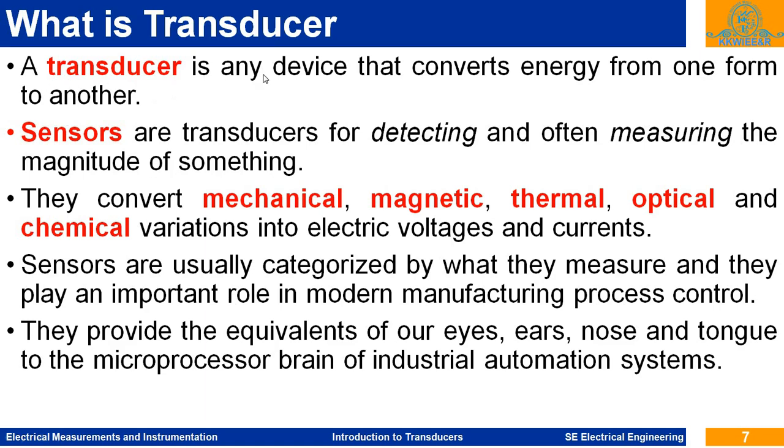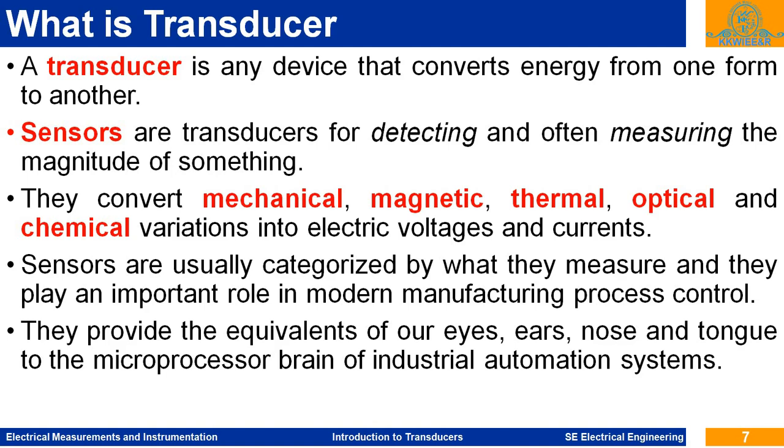So a transducer is any device that converts energy from one form to another form. Generally in the processes we are measuring temperature, speed, flow, pressure, force, inclination, and intensity of light.